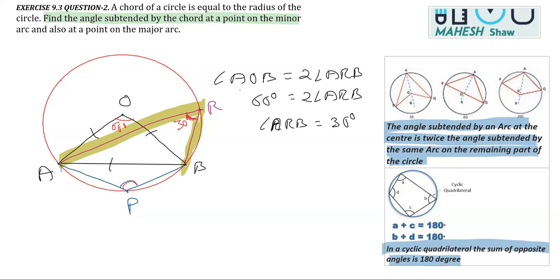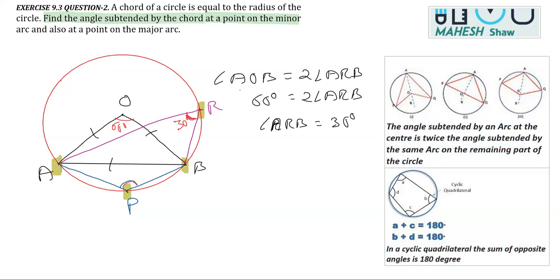You should know that a quadrilateral whose all four vertices are on the circle, as you can see, A, P, B, and R, these all points are on the circle, is called a cyclic quadrilateral, and we know that opposite angles of a cyclic quadrilateral are supplementary.